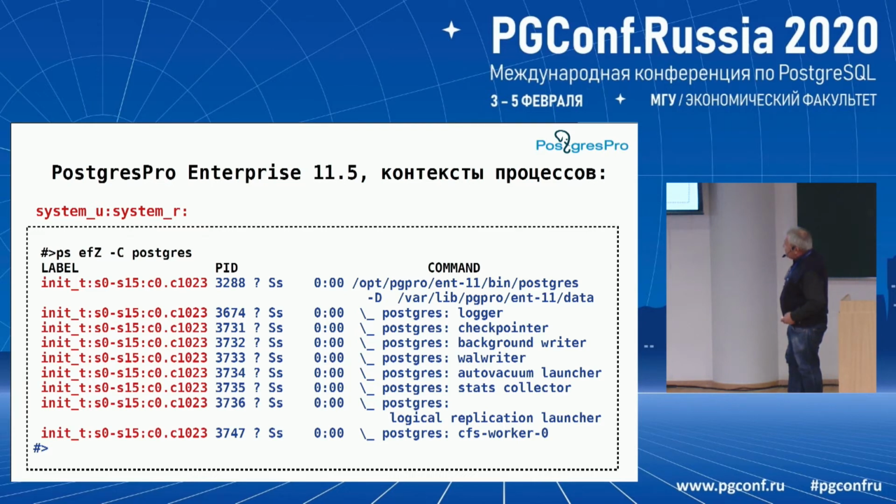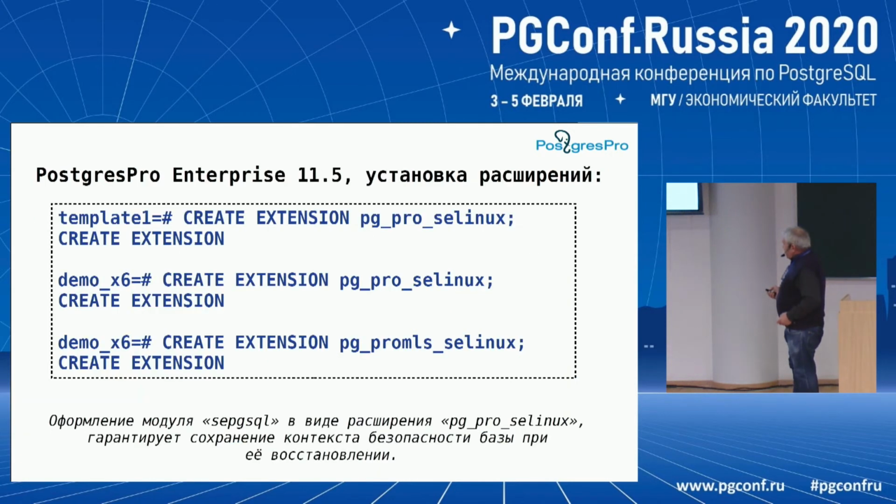All processes operate in the same context. INIT, level from 0 to 15, category from 0 to 1023. It is all in compliance with the MLS policy. It's important to verify this, because if you have C0, that means you said something wrongly.